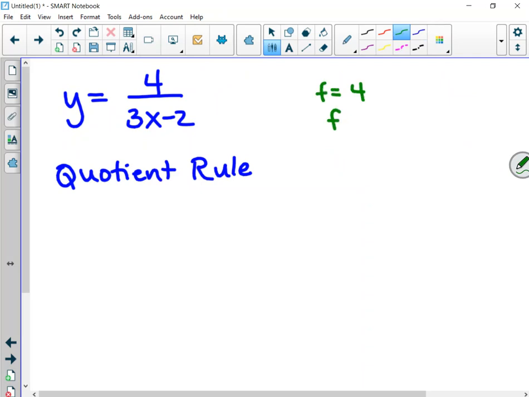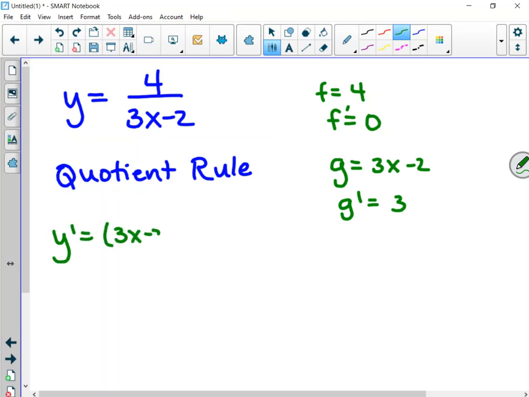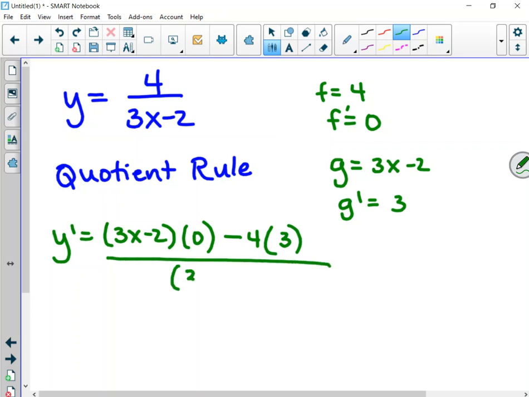My top is 4, so the derivative of that is 0. My denominator is 3x minus 2. The derivative of that is 3. So my derivative is denominator, derivative of numerator, minus numerator, derivative of denominator over denominator squared.